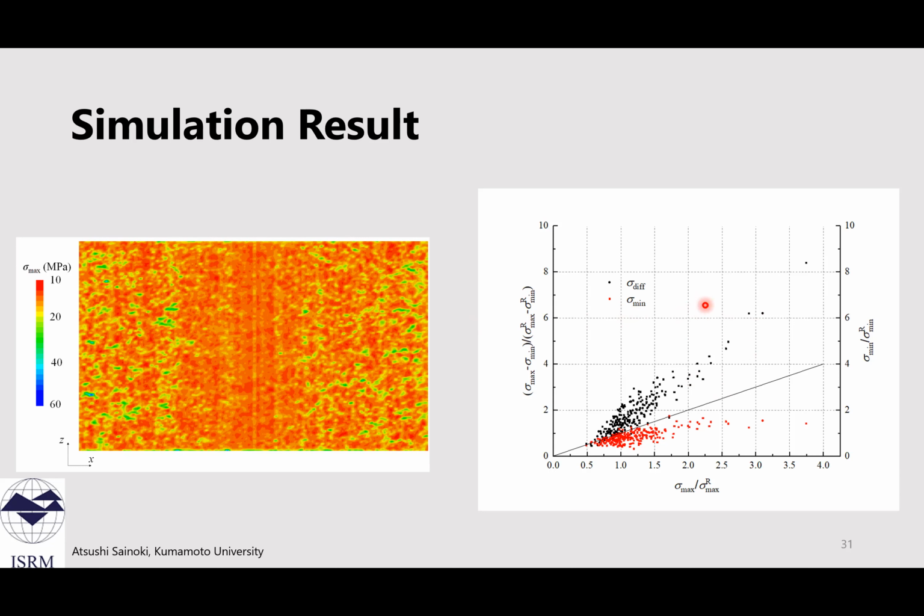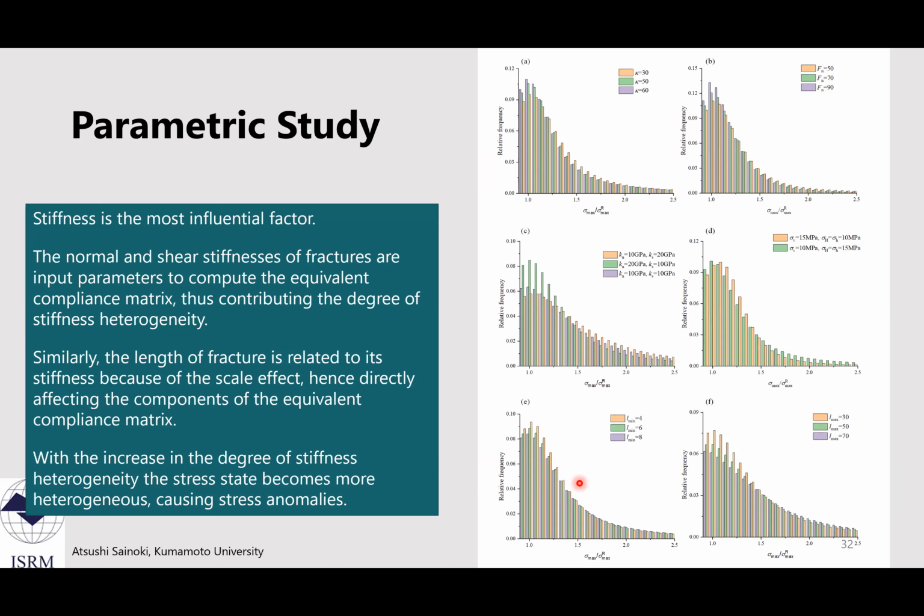The stiffness contributes to the degree of stiffness heterogeneity directly. Similarly, the length is here. The length of fractures is also related to the stiffness because of the scale effect. So the length also affects the components of the equivalent compliance matrix, so it also affects the stress state of the damage zone.